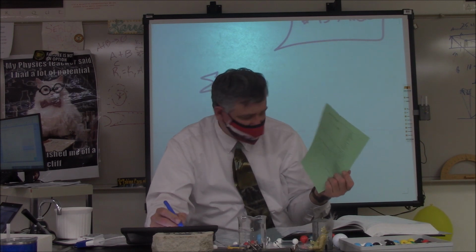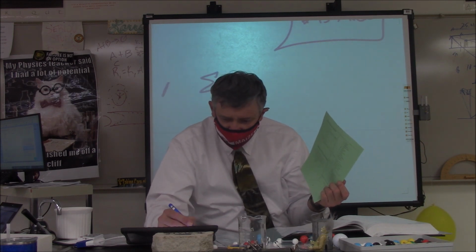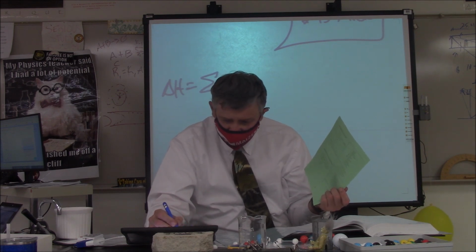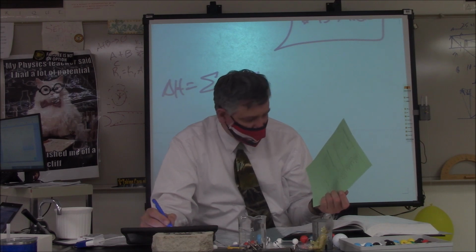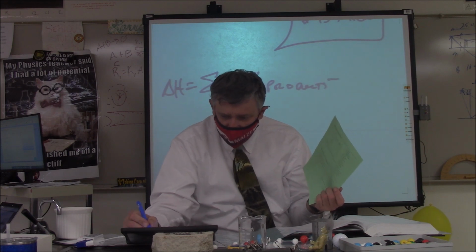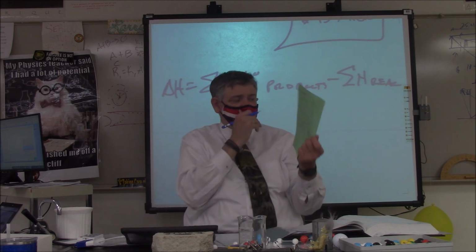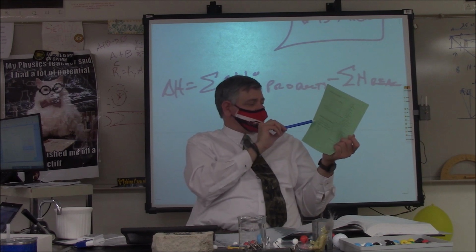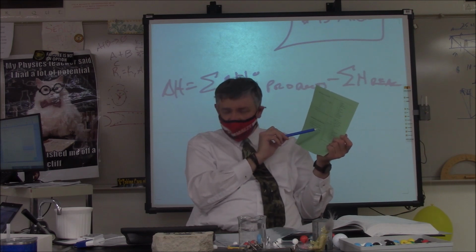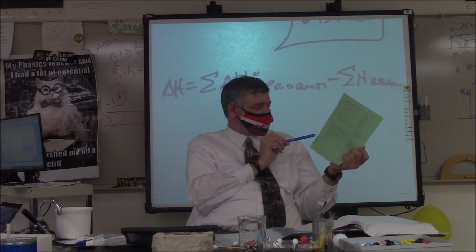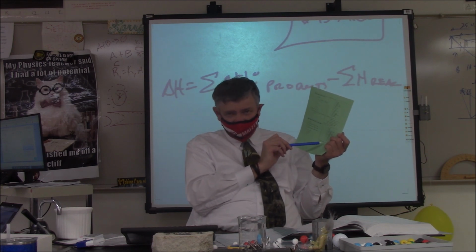Delta H is going to equal the sum of your delta H of your products minus the sum of your delta H of your reactants. Now, you notice that there's three different versions of this, okay? There's your delta S, which is your entropy, delta H, which is your change in enthalpy of formation, and then you have delta G, which is your Gibbs free energy.